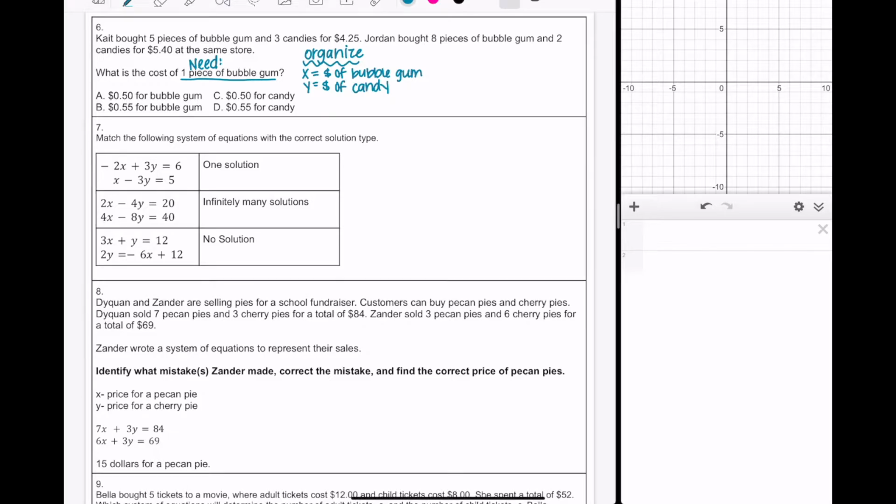All right, so now to organize this a little bit more, what we need to know is that Kate bought 5 pieces of bubble gum, so that would be 5 bubble gum, plus she bought 3 candies for a total of $4.25.